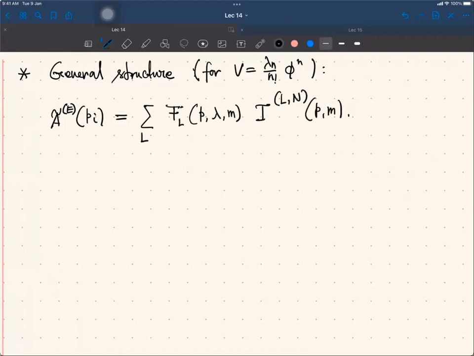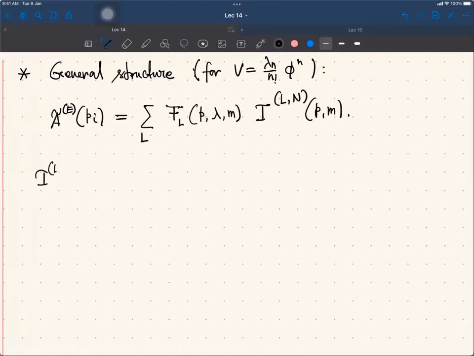So I have separated out I of L comma capital N, P, M, which is the loop momentum integration part of this amplitude. Let me write it down and then make comments.